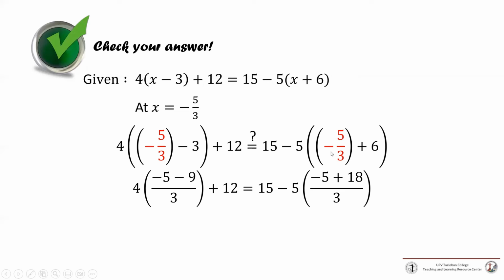And then combining this, it's something like a shortcut. So what we did, 3 times 6 is 18. That's why we have negative 5 plus 18, and then we just copy the denominator 3. But actually, 3 here is what we call the LCD, the least common denominator.